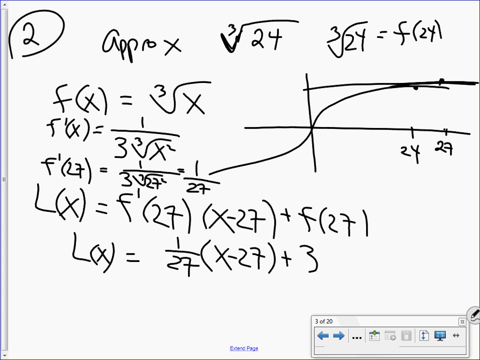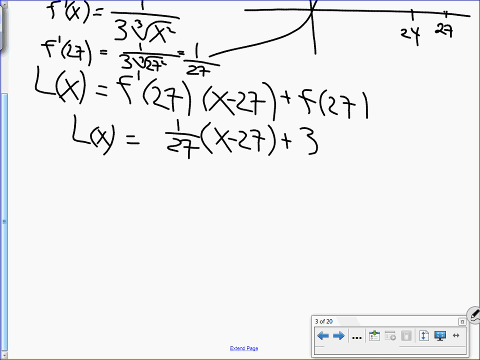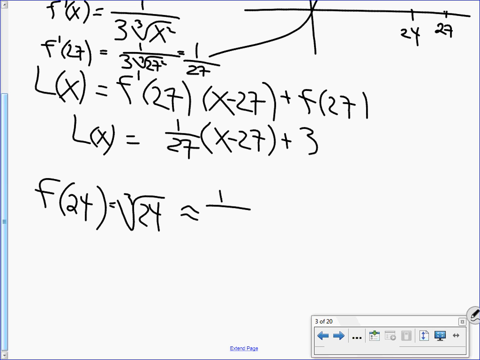You're just going to be plugging in some integer, whatever it is. So f of 24, which is equal to the cube root of 24, is approximately equal to 1/27 times 24 minus 27 plus 3. Oh, that's kind of nice the way it worked out.